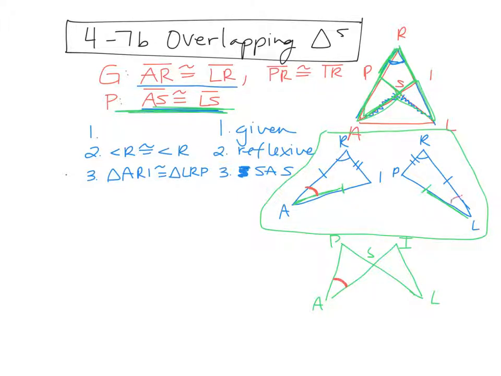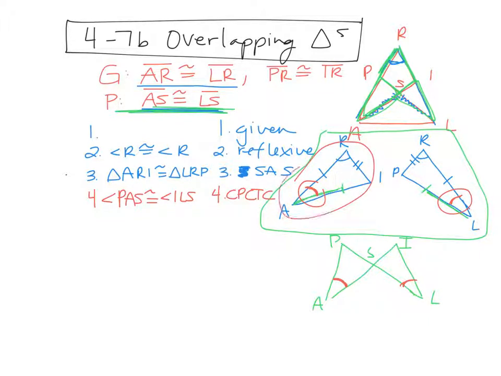How do I know that these two angles are congruent? Because of CPCTC. So I'm going to say angle PAS is congruent to angle ILS by CPCTC, right? Because they are part of the two triangles we already proved are congruent.